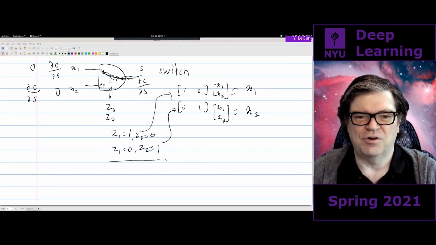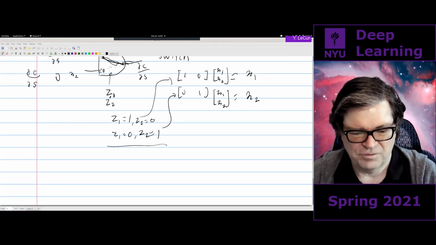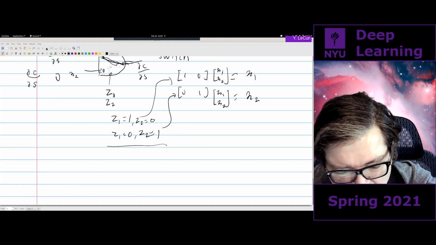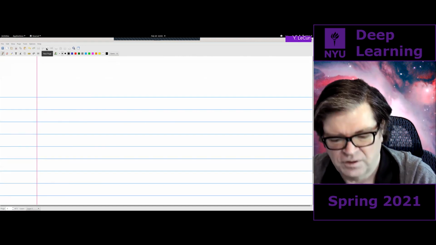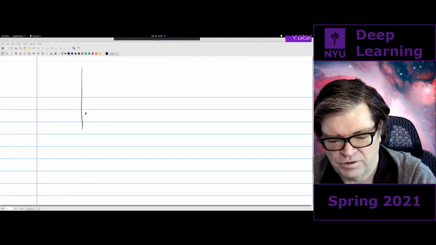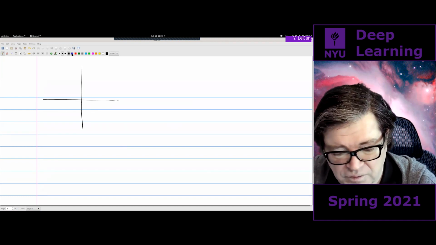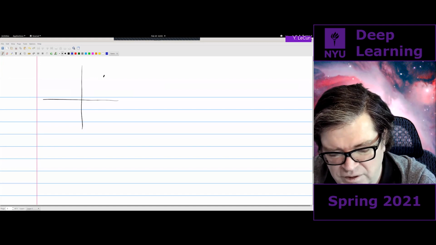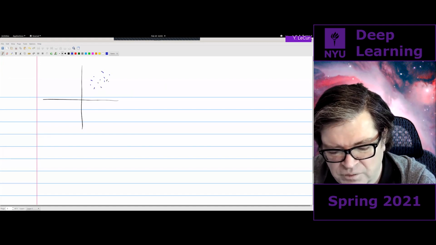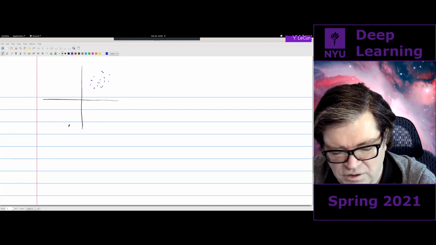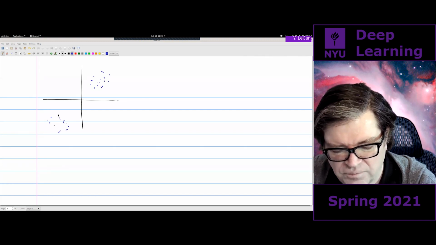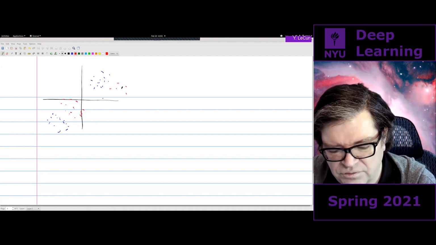So let's take a very simple version of this to visualize it a little bit. Let's say our input vectors are points in a plane. Category 1 is this, and category 2 is that.